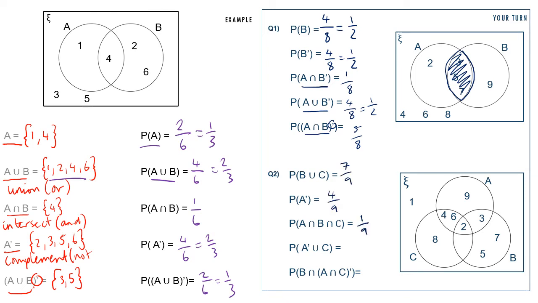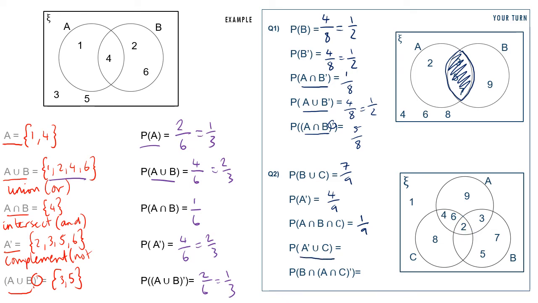It's a bit tricky when we've got a triple Venn, but same idea holds. So I've written down the first 3 answers here, which should be fairly straightforward. So B union C, anything in B or C, there's 7 of our 9 numbers there. Not in A, there's 4 numbers out of the 9 not in A. And A intersect B intersect C, so that's the bit in the middle, there's just 1 number in there.